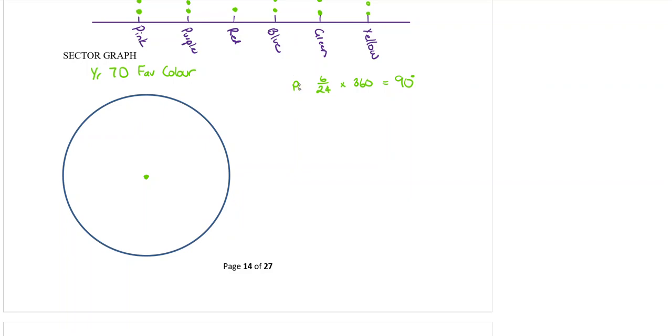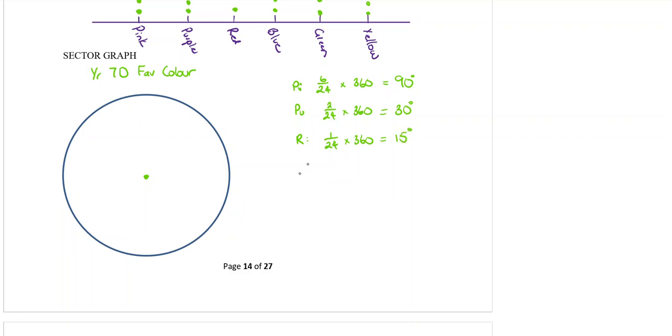So that's for pink. I'm going to do PI because I need PU for purple, which is 2 out of 24 times by 360. Type it in, and that's 30 degrees. Then we need red. So that will be 1 person liked red out of 24 times 360. That makes 15 degrees.